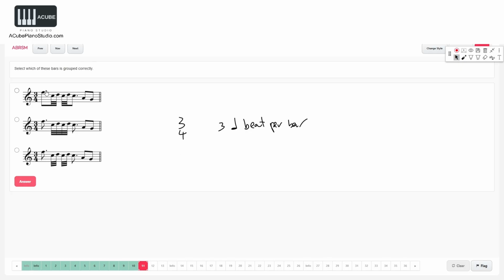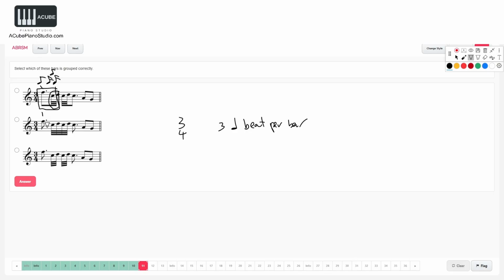So we know that this is a dotted quaver. So it is equal to a quaver plus a semiquaver. 2 demisemiquavers is equal to a semiquaver. So 2 semiquavers make up a quaver. So this is 1 crotchet beat.